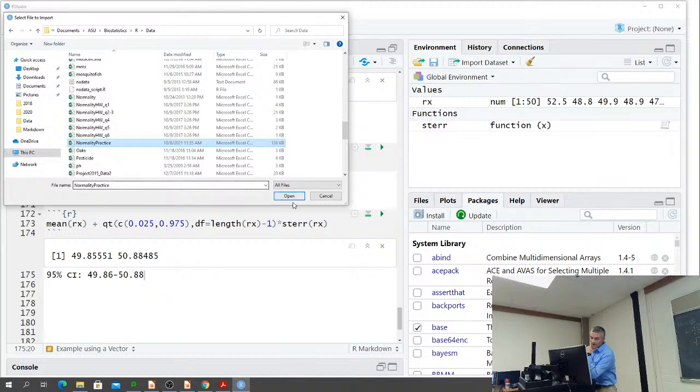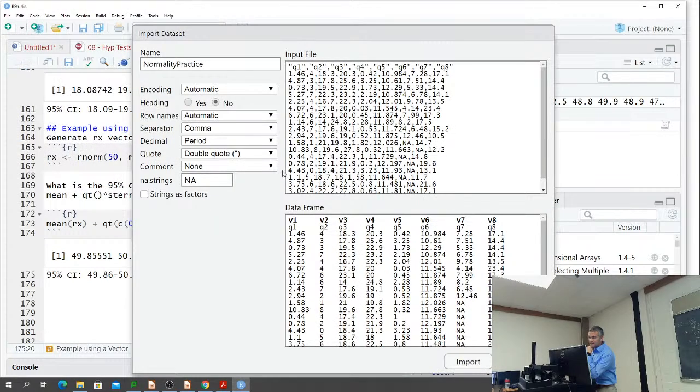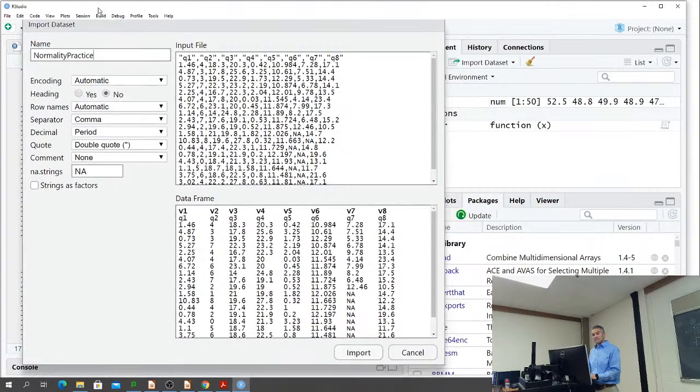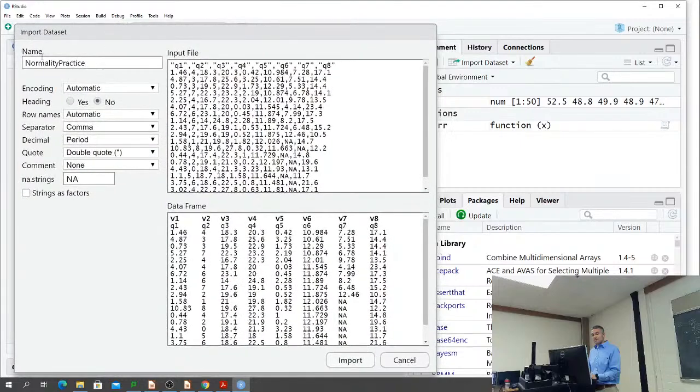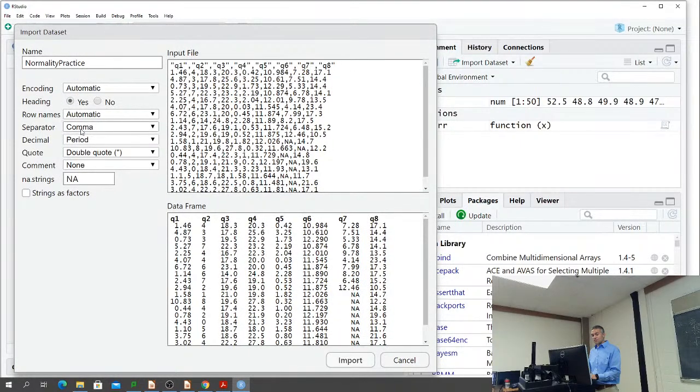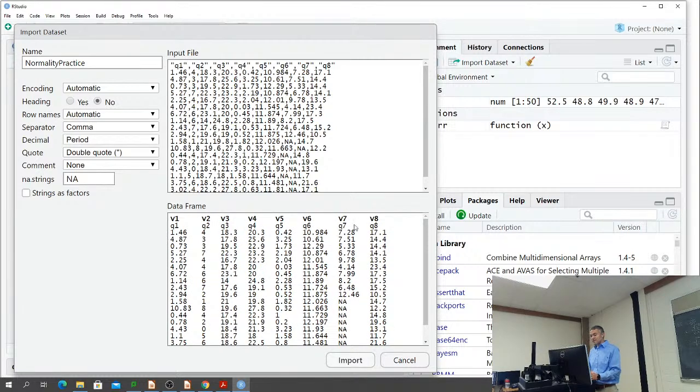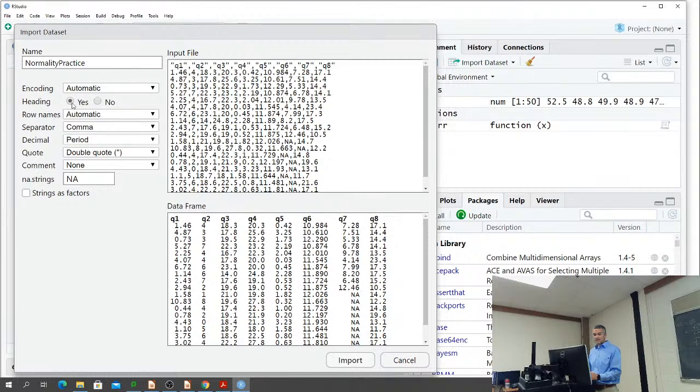We have normality practice, right? Yeah, we do. Normality practice. So I'm going to import that. Notice again, you remember our issue is that for some reason it didn't have heading checked. So if you choose no, then you'll get these V's at the top. So I just want to make sure I have the heading as yes.